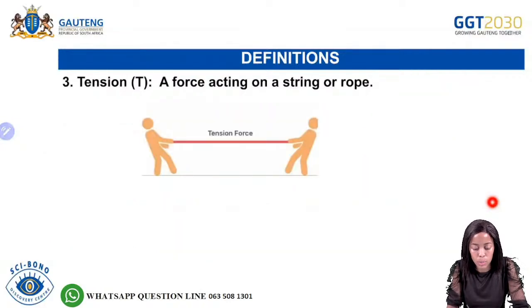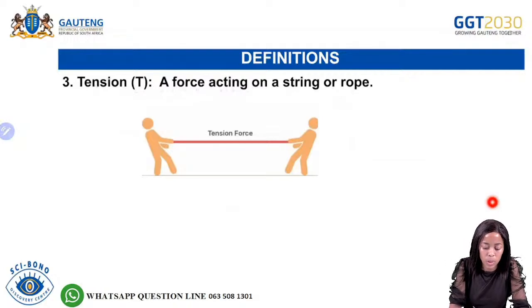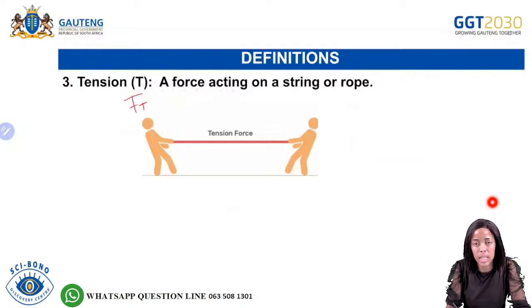Okay, and then we have the tension. When we speak of tension, it is a force acting on a string or a rope. We can represent tension using capital letter T, or using capital letter F and capital letter T. As shown on the diagram, we have a rope between the two people.